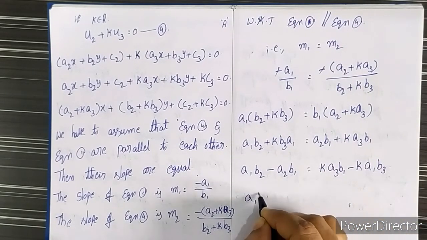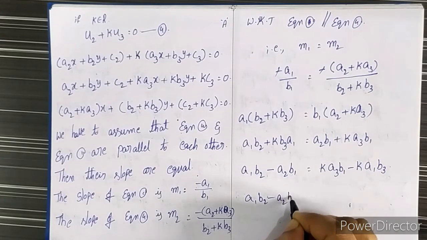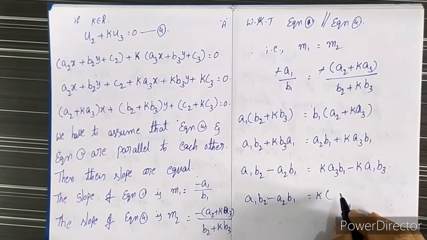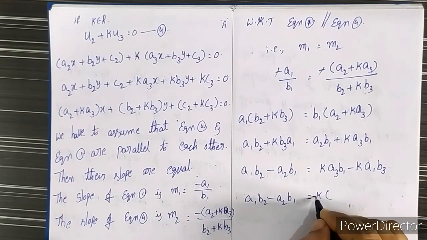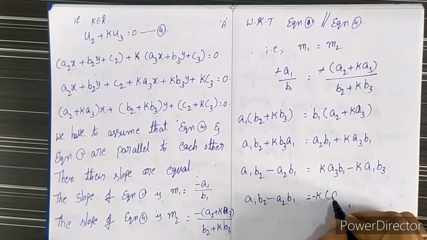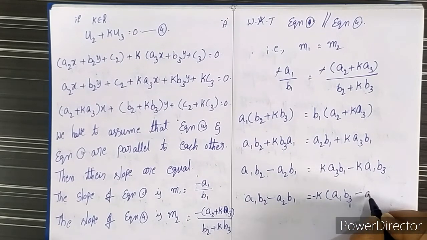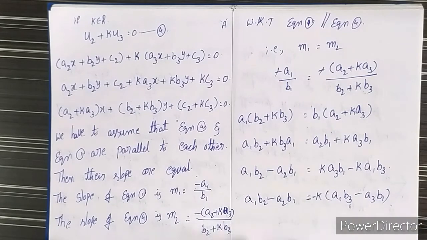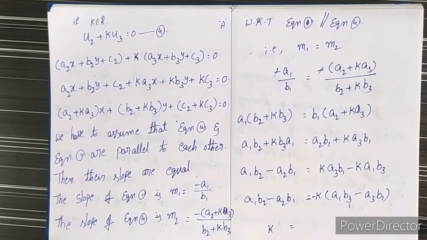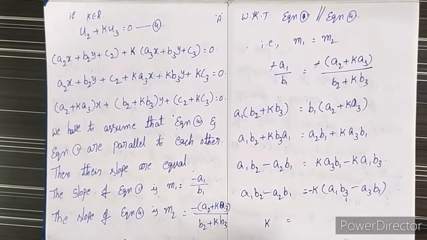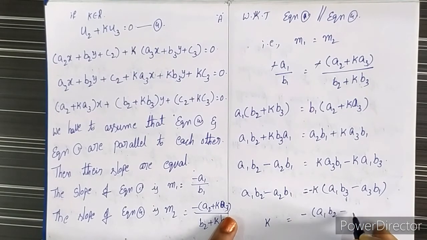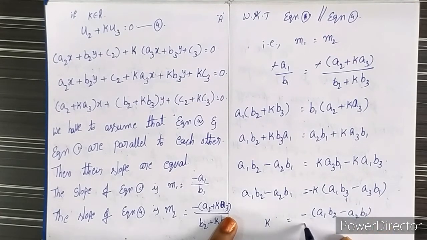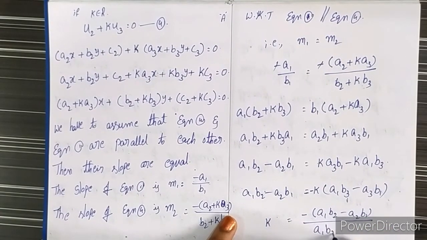So a1 b2 minus a2 b1 is equal to k into, taking minus k common, (a1 b3 minus a3 b1). From this, we finally find our k value: k equal to minus of (a1 b2 minus a2 b1) by (a1 b3 minus a3 b1).